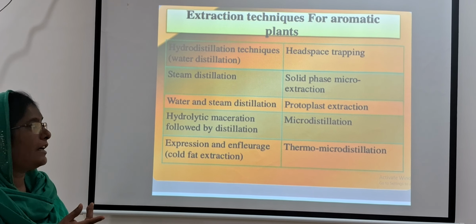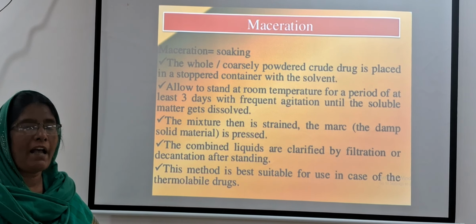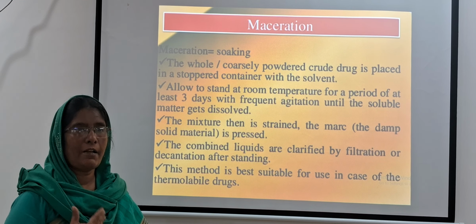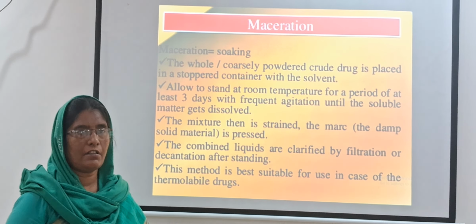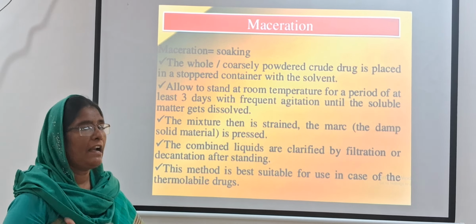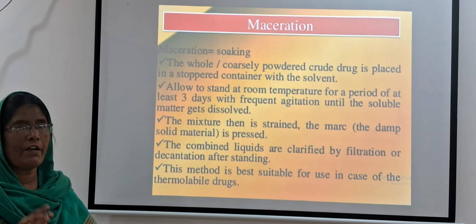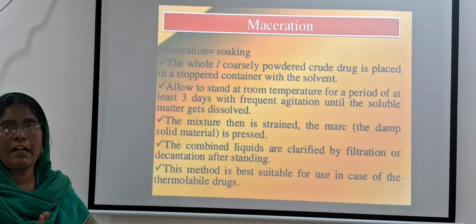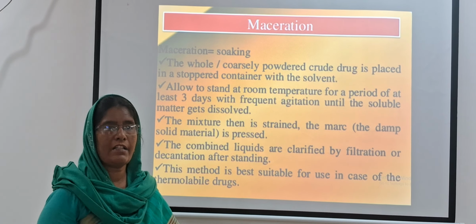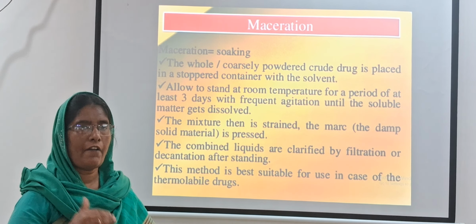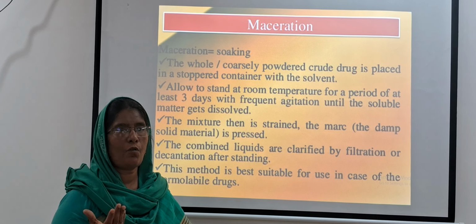First is maceration. Macerate simply means to soak. We take the crude drug and the solvent and macerate it for 3 to 4 days. After 3 to 4 days we filter it and evaporate to dryness, and we get the crude extract.